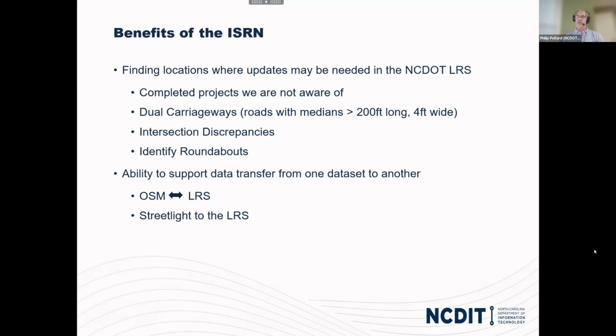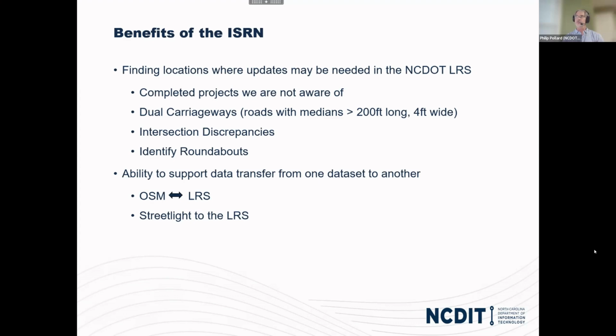There's also roundabouts, and there are a lot that are being created in North Carolina and probably everywhere else in the country. The ability to support data transfer from one data set to another, from OpenStreetMap to LRS, and then LRS to OpenStreetMap.